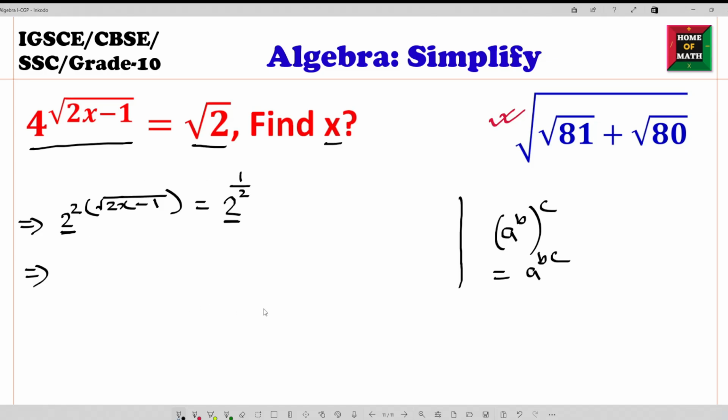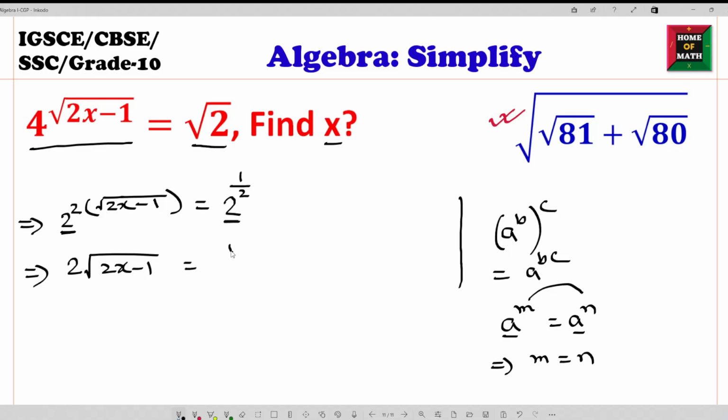So once bases are the same, a to the power m equals a to the power n means m equals n. Once bases are the same, that time powers will be equal. So here bases are the same, we can write 2 times root 2x minus 1 equals to 1 by 2.